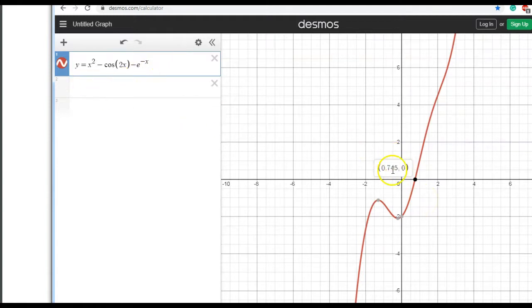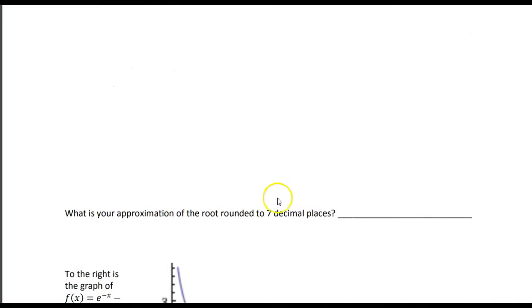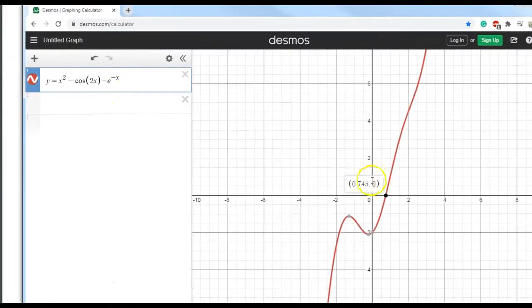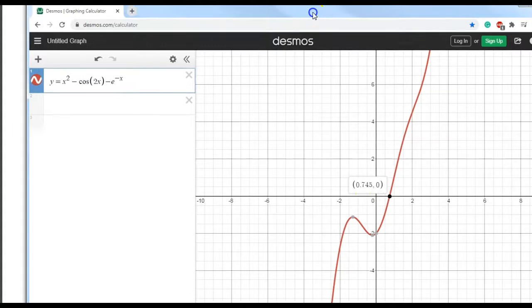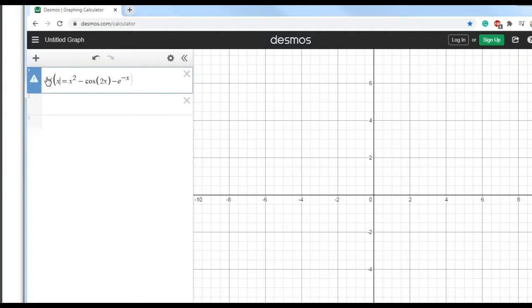And our precision, if you notice, this would not work on your project because the approximation has to be to 7 decimal places. So just simply graphing it with Desmos and clicking on it is only giving you 3. You wouldn't get credit for that. That's not enough.